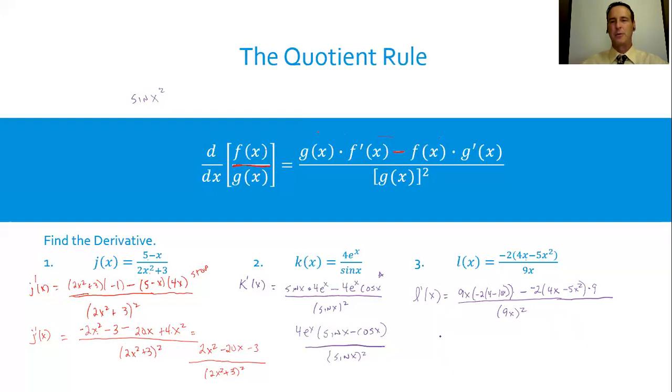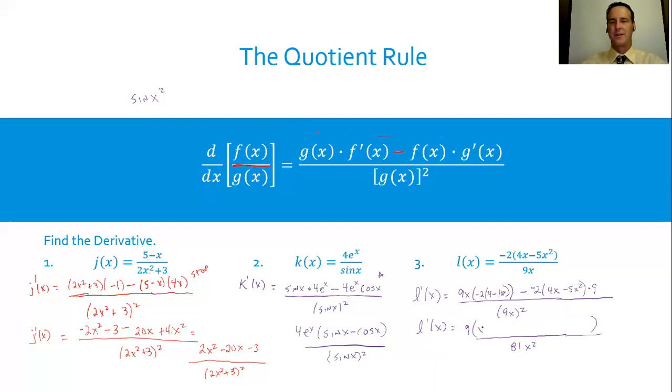Okay, now can I pull something out? Let's see. I think many of you are thinking, I thought we could just stop. And sometimes you can. Here's what I know. I can pull out a 9. I don't know if I can pull out an x. All right, so what's left over?